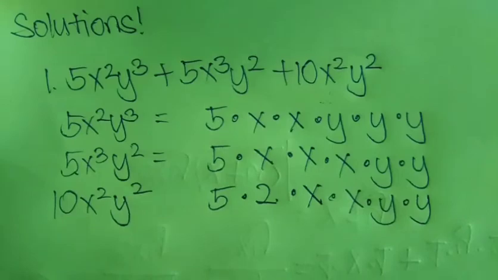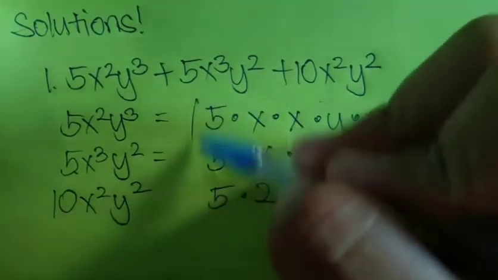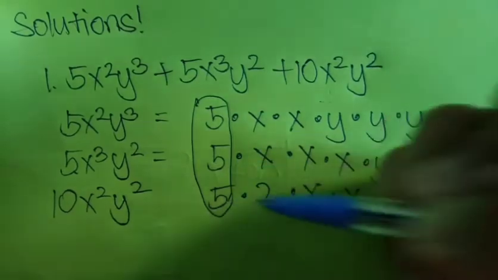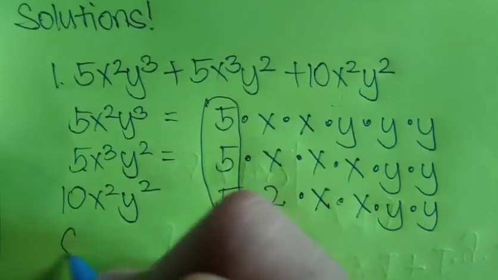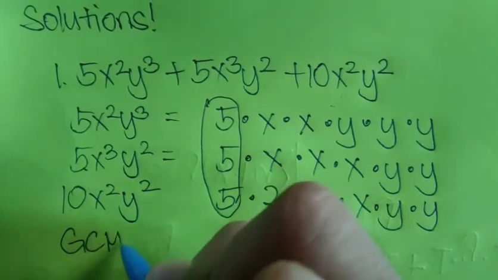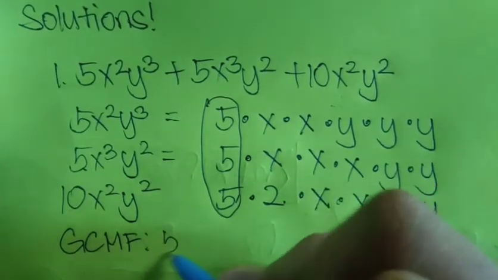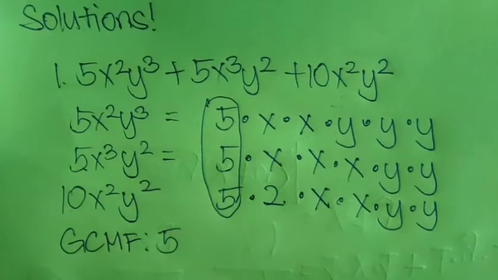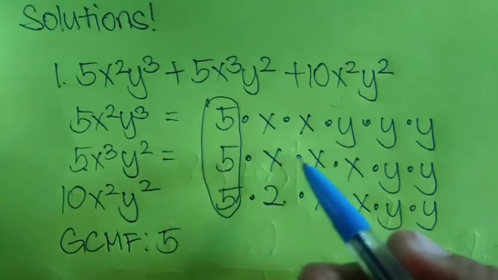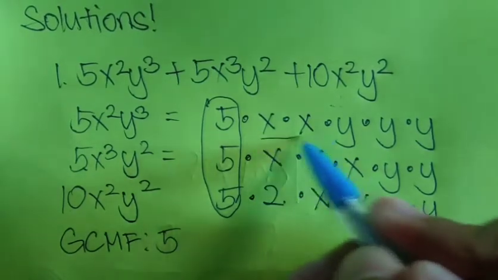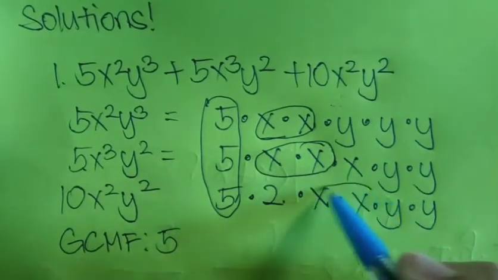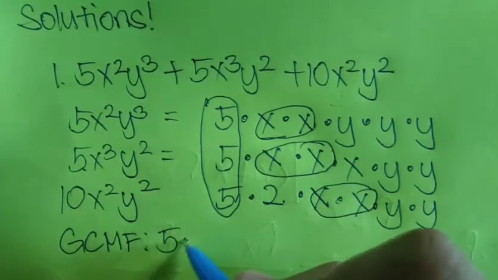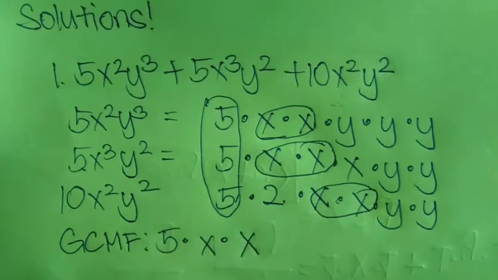First, we have the common factor 5, which means 5 is one of the factors of the GCMF. So GCMF is 5. Then, as we can see, each term has 2 x's, which means x times x is a common factor.